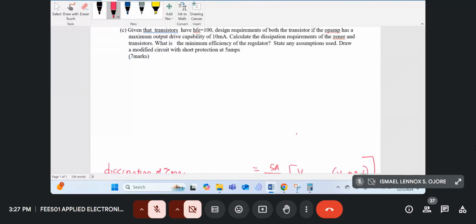Okay, so efficiency: eta is P load over P in, times 100%, in percentage. What's the minimum efficiency? When is the circuit most inefficient?